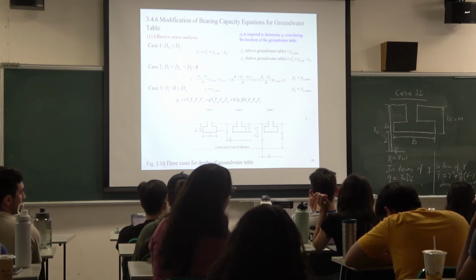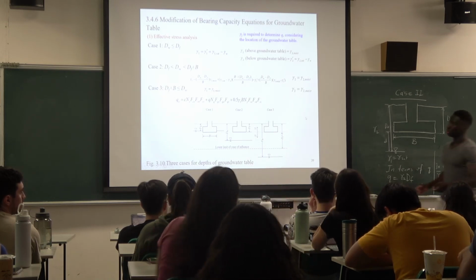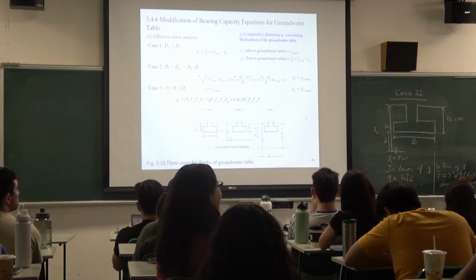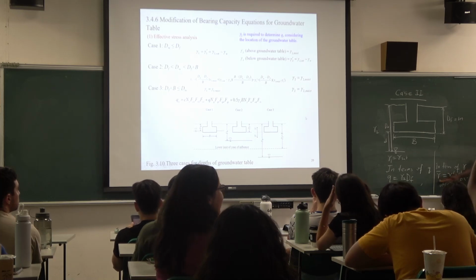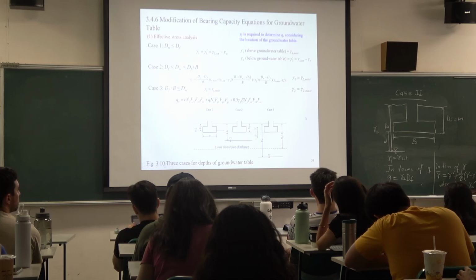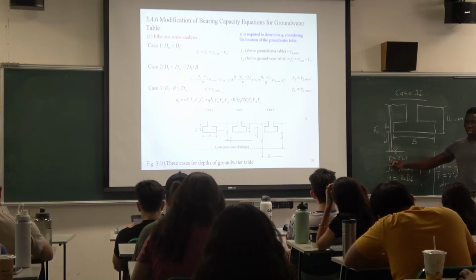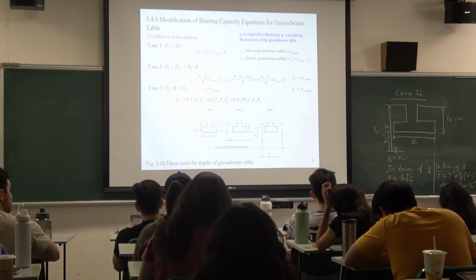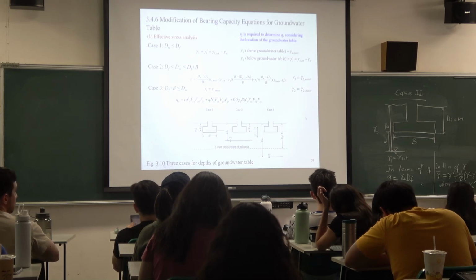Okay, so for case 2, for this gamma, you have to substitute the gamma equivalent. And then how do we find the gamma equivalent? It is the gamma prime. So we know the gamma prime will be gamma saturated minus gamma W. So in our case, what is the gamma saturated? That is gamma 1, the gamma below the groundwater level, plus d over b.